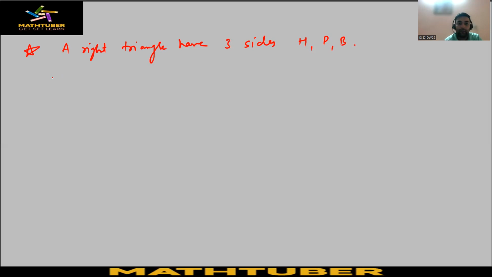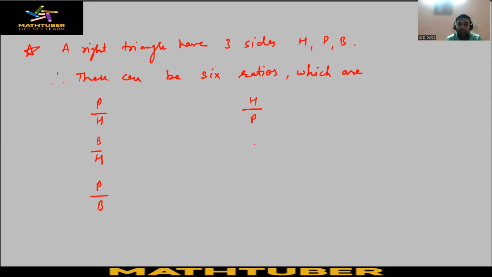So therefore there can be six ratios, which are P by H, B by H, P by B, and the other three are the reciprocals of these, that is H upon P, H upon B, and B upon P. So these are the six ratios.